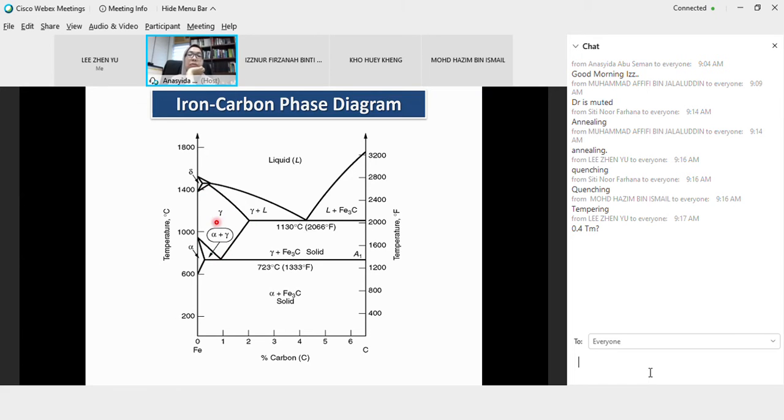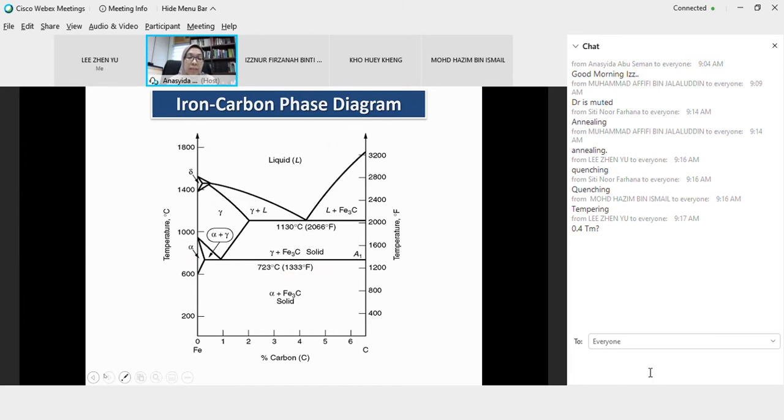So whatever heat treatment you want to do, you have to heat at this region. It depends lah. Kalau full annealing, kalau nak sampai grain growth, kena heat dekat austenite. Same goes to normalizing. Tapi kalau nak buat stress relief sahaja ataupun dekat recrystallization temperature, you akan heat below A1. This area, okay?